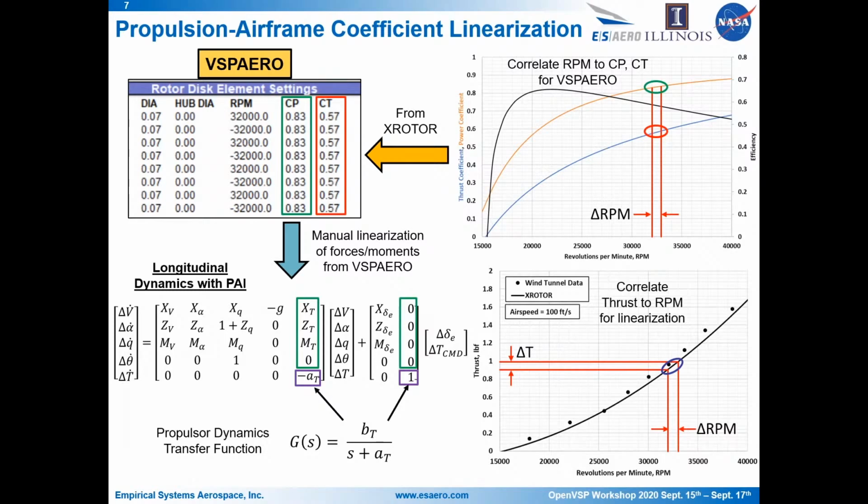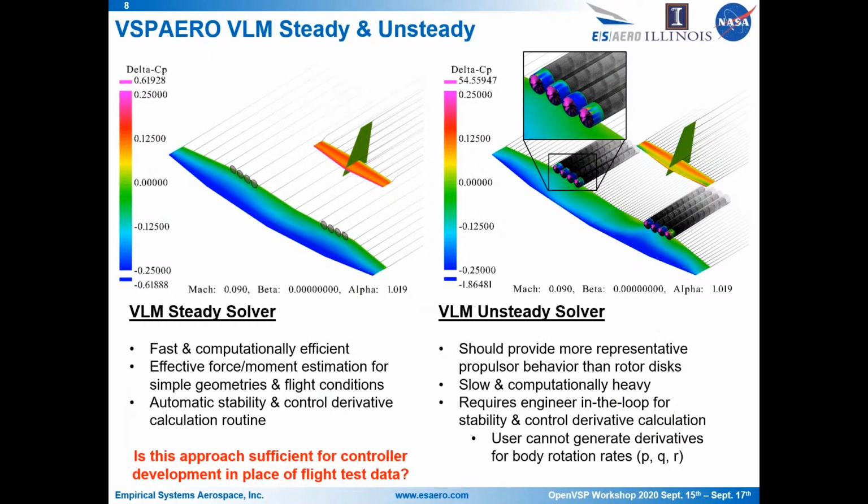And from here, I want to take a look at how we're using VSPAERO for this. So we started off by using the simplest solver, the vortex lattice method steady solver, with the geometry observed above. And for this, it was a really fast and computationally efficient method for generating aero forces and moments, and is generally effective for very simple planform geometries like our conventional Cirrus SR22 model.